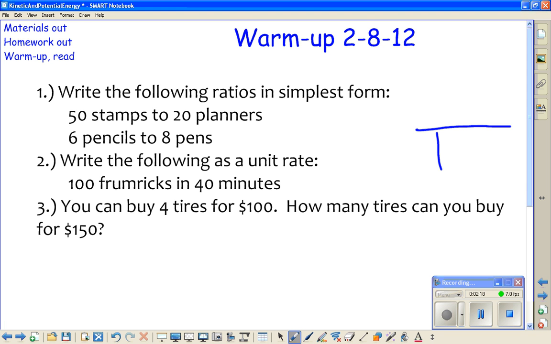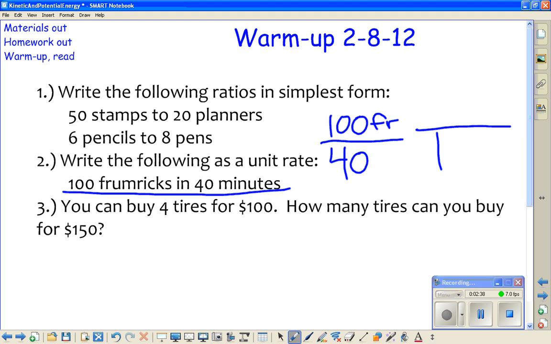Okay, so let's go ahead and write our first rate. We'll write that in fraction form. You guys remember this? So we're doing 100. We're going to abbreviate Fruitopias and say FR, in 40 minutes, we're going to abbreviate minutes as MIN.